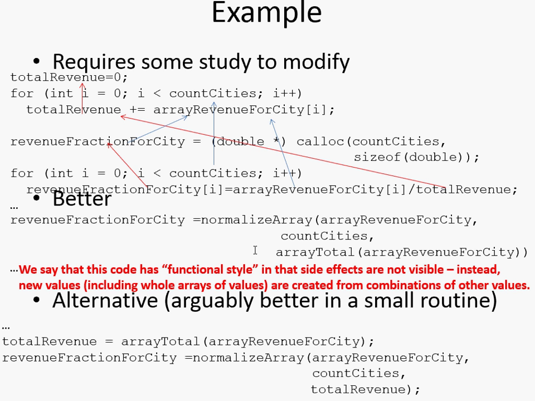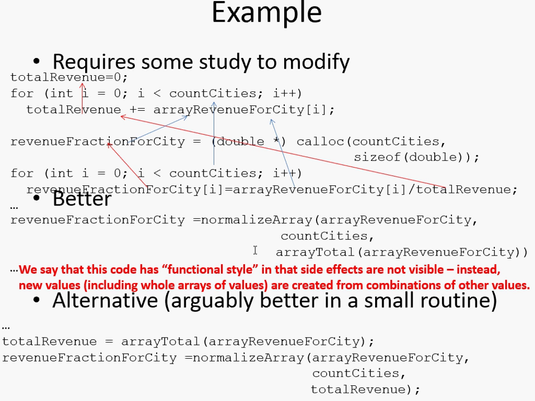So normalized array, its job in life is to essentially do this loop where the value for total revenue is just the total of this array. Okay? And count of cities is used to determine the number of elements, and array revenue for city is the array to be normalized. Total revenue here that we had could be expressed as array total of this revenue per city.